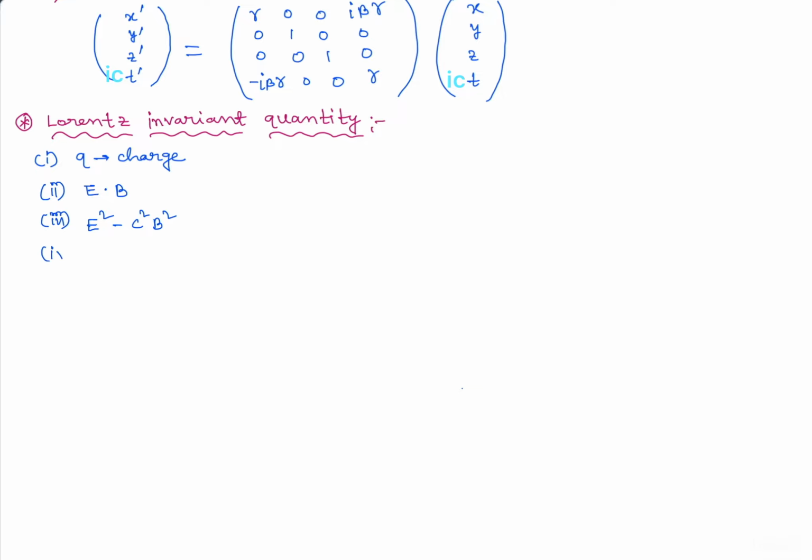Number 4, mod of E square minus mod of B square. Number 5, x square plus y square plus z square minus c square t square. Number 6, the D'Alembert operator, which is written del square minus 1 by c square del square by del t square.